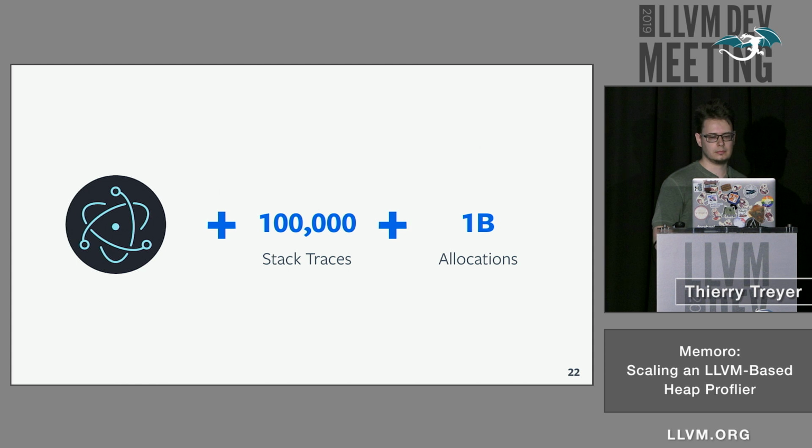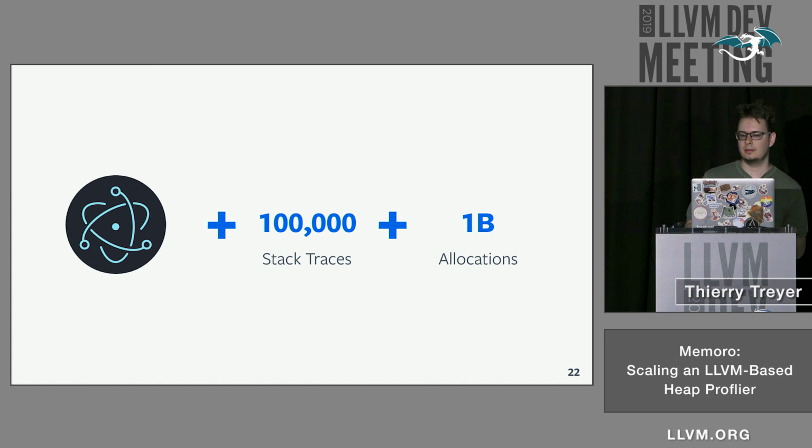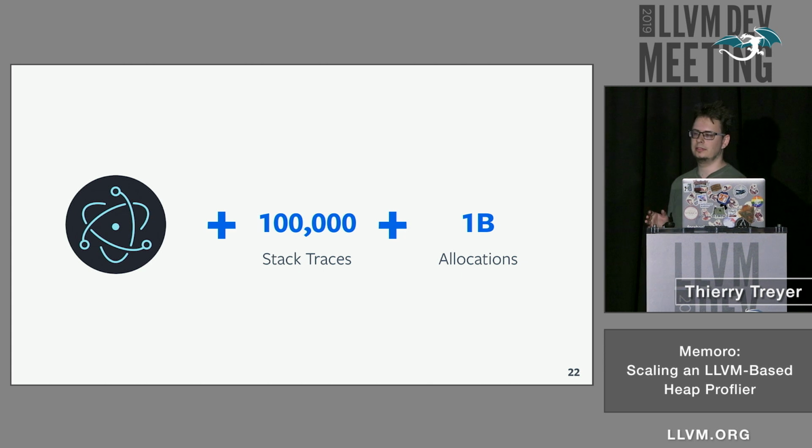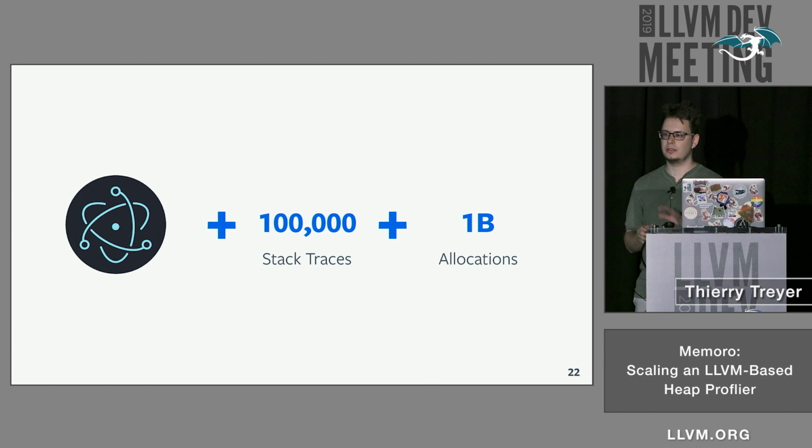And the way it works is that Memoro has a C++ module that will do all the loading of the profile and the scoring on it, and then it will feed the data to the web UI to be displayed. And when you have 100,000 stack traces and 1 billion allocations, this is a lot of data to go through, and the web UI just can't deal with that amount of data.